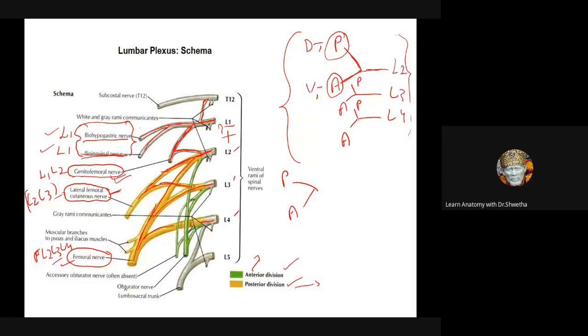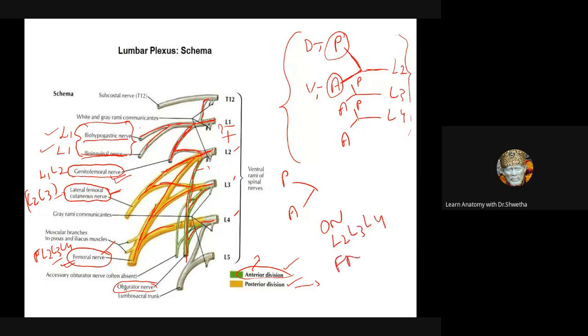Okay. Now, having discussed the posterior branches, we will discuss the anterior branches. What you're seeing in green is the anterior branches. Now, the posterior branch of L2, L3 and L4 form the femoral nerve. Very simple. The anterior branch of L2, L3 and L4 will form a nerve called the obturator nerve. Right? So the obturator nerve is formed by the anterior division of L2, L3, L4.